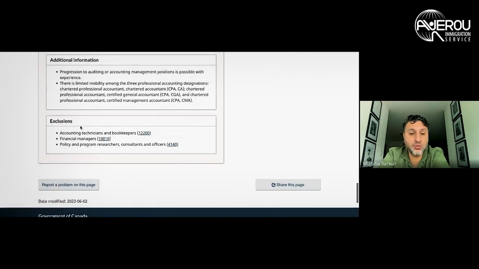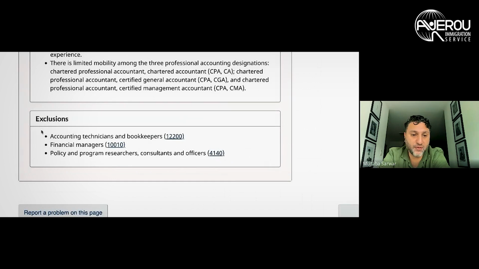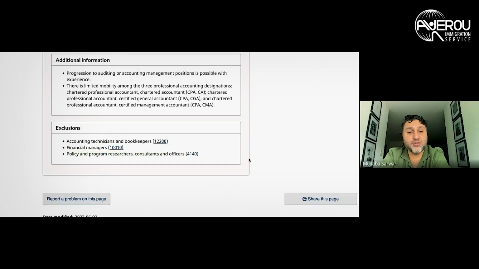So they do a really good job. They are very helpful by giving us exclusions. So in other words, they're telling us, don't confuse this with accounting technicians and bookkeepers. Don't confuse this with financial managers. Don't confuse this with policy and program researchers, consultants, and officers. Those are different types of jobs, right?